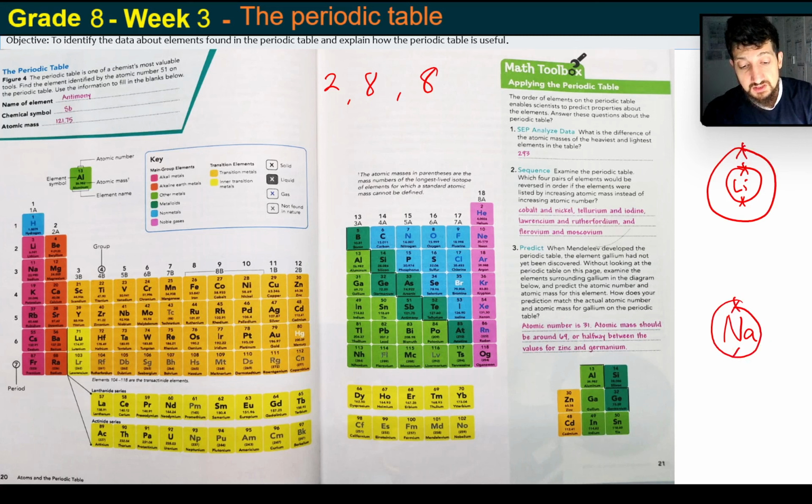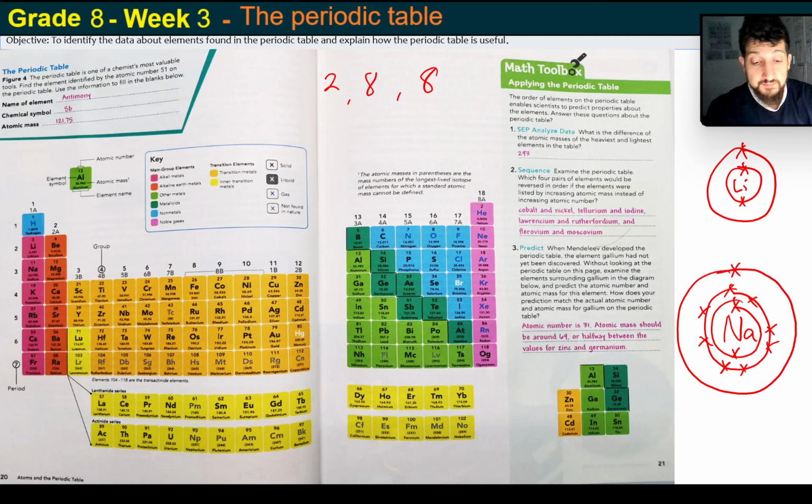So 2 on the inside, 8 on the outside. So what does that make? 10. And then there's 1 left over as well. Same as lithium. And because it's got 1 left over as well, that means it's got a similar reactivity to lithium, except it's slightly more reactive as well. So lithium is reactive. Sodium is even more so, because it really wants to get rid of it.